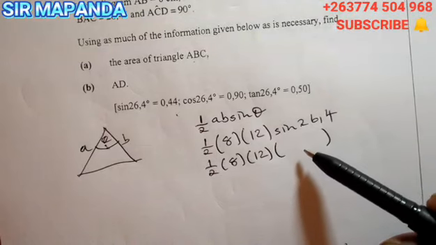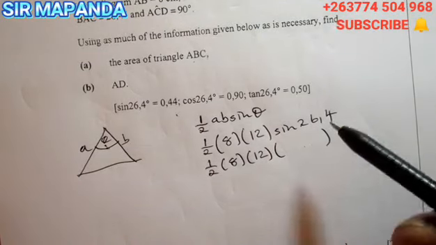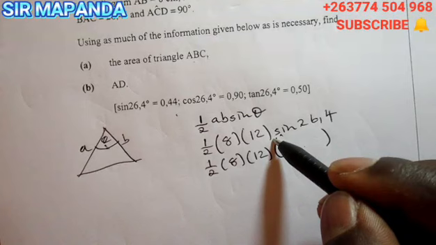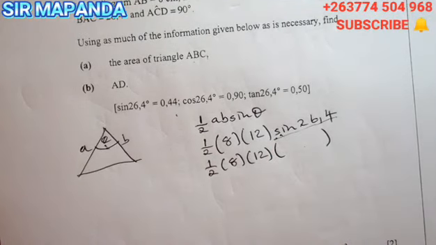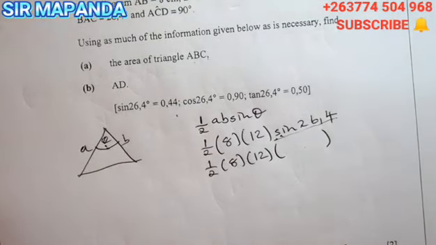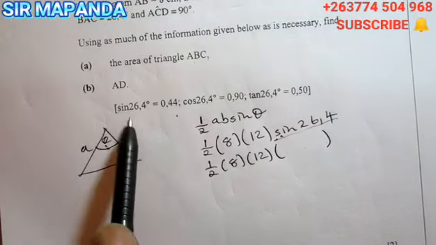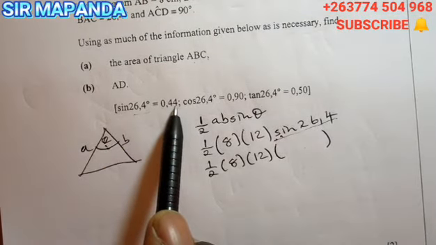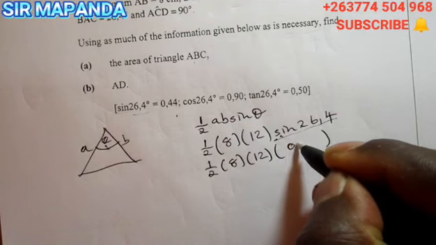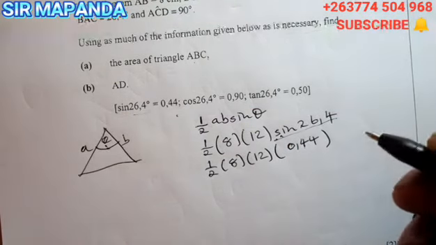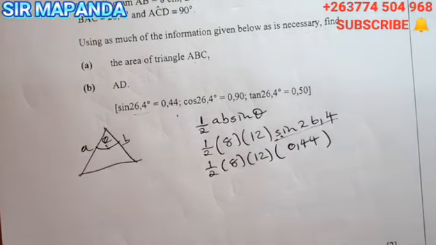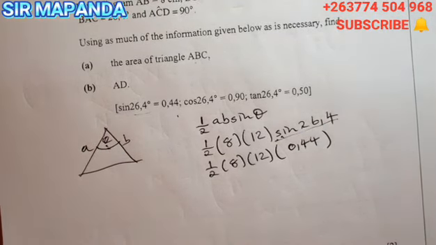In this bracket, I need to substitute sine 26,4 with the given value in the table below. So sine 26,4 is 0,44. So I'm going to put 0,44, which is equivalent to sine 26,4. So let us simplify.